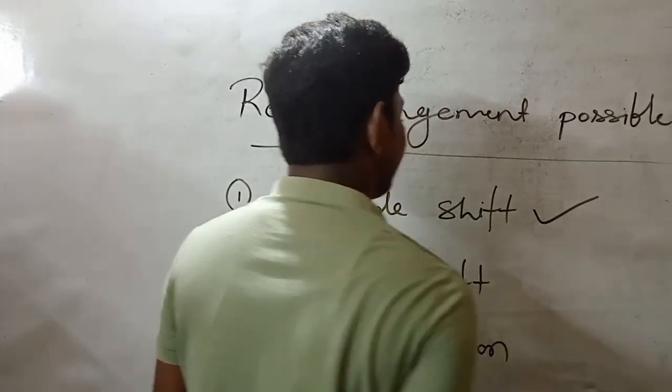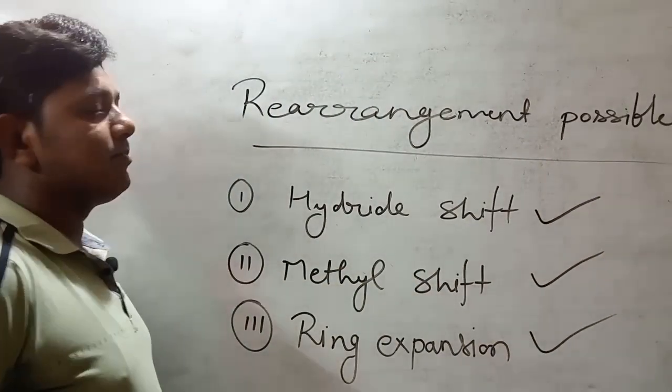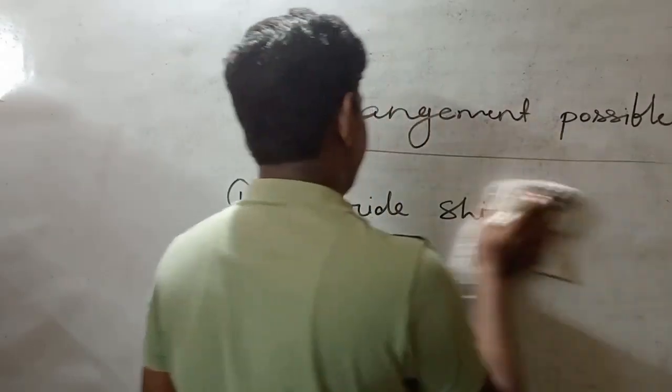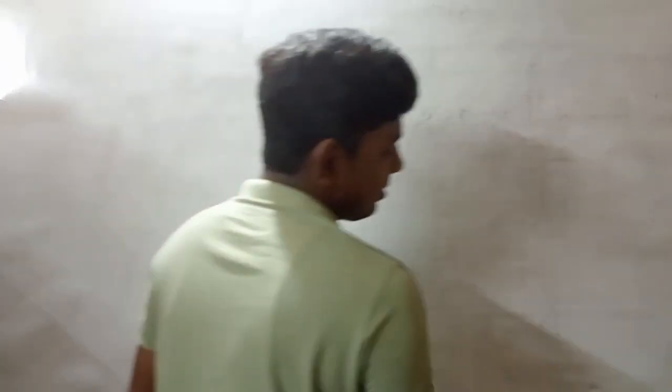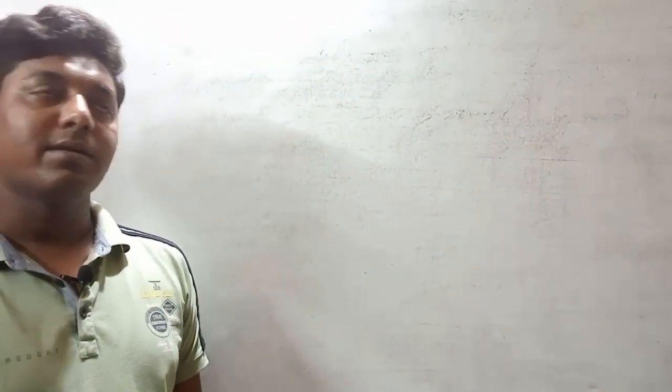So first we check hydride shift, methyl shift, and ring expansion. Let us see some examples. Let's see the first example, of hydride shift.